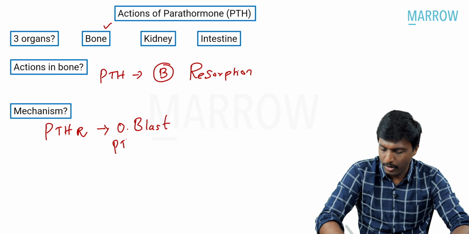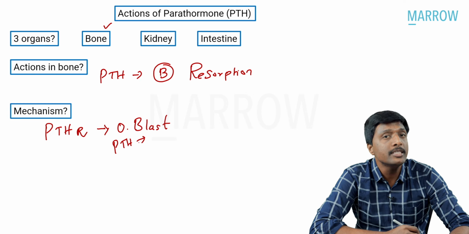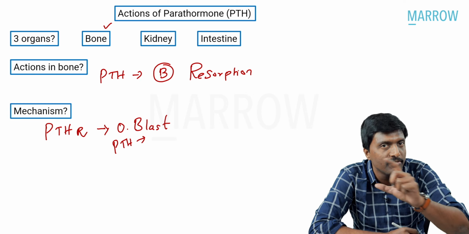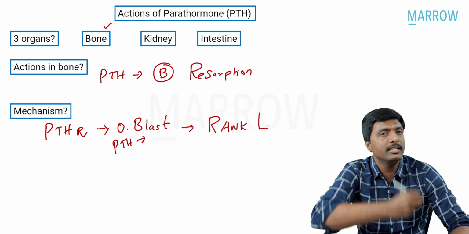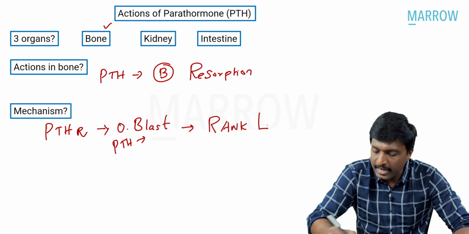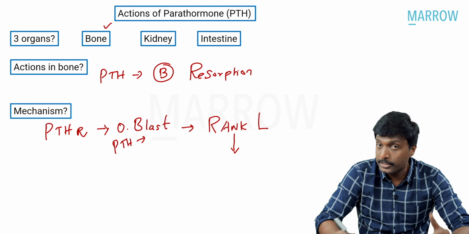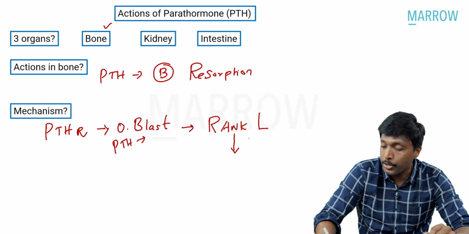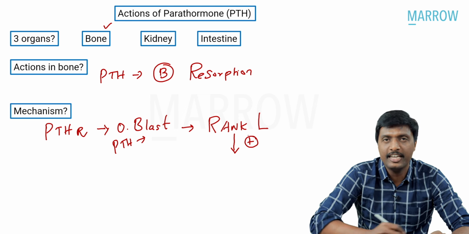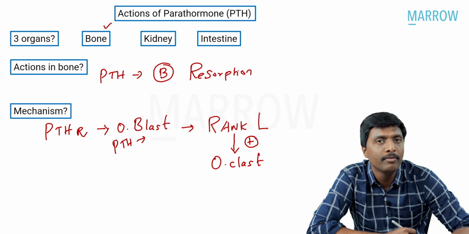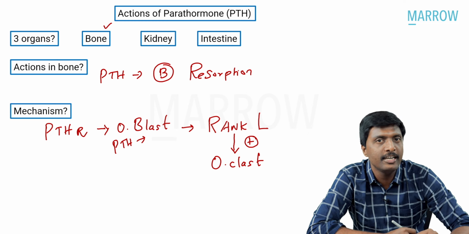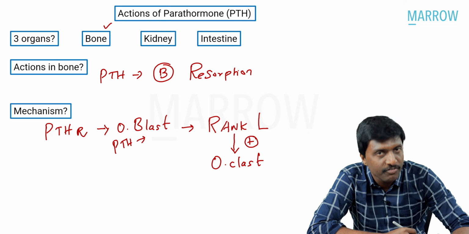When parathyroid acts here, this osteoblast under the influence of parathyroid secretes an important agent, and that agent is called RANK ligand. It is this RANK ligand, listen to the words carefully, going to induce the differentiation of this important cell, that is our osteoclast. When osteoclasts are differentiated, they will perform their function effectively.